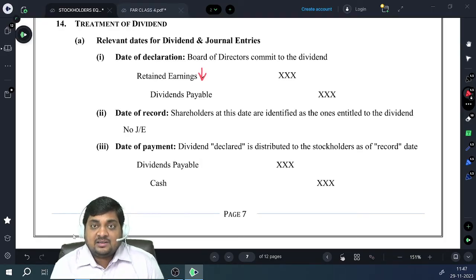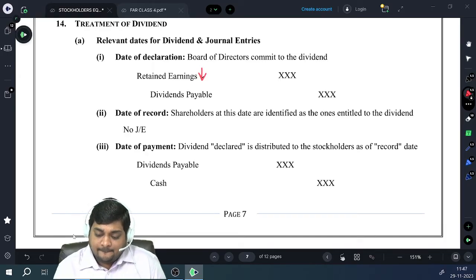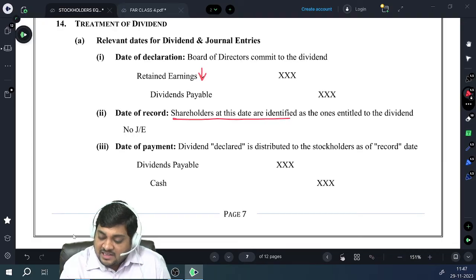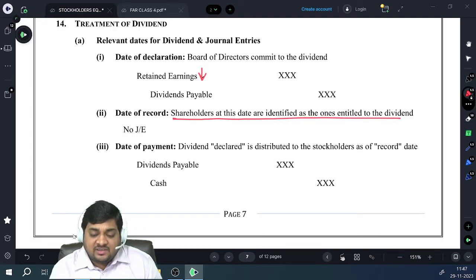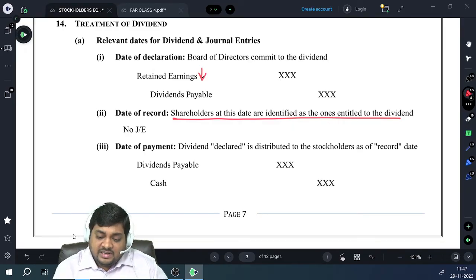The record date is the date on which the shareholders who are entitled are identified, who will receive the dividend. At this time there will be no journal entry because there is no outflow of resources. Only the shareholders have been identified. Now when the dividend is paid, simple liability payment entry: dividend payable to cash.